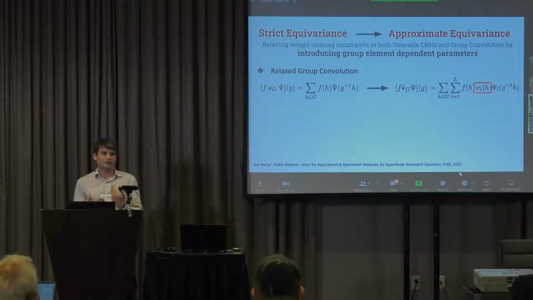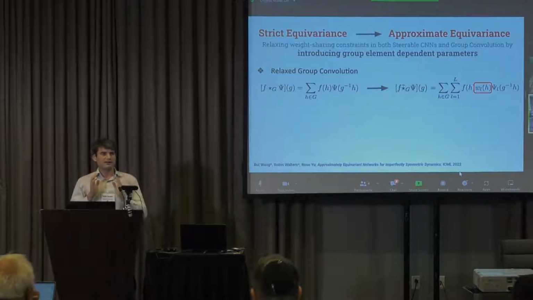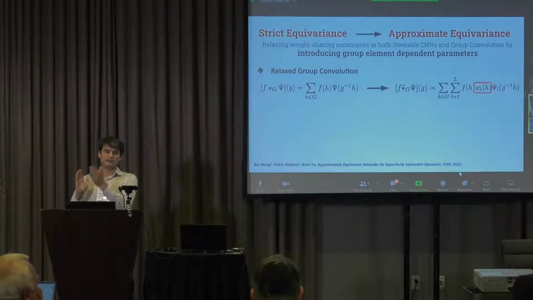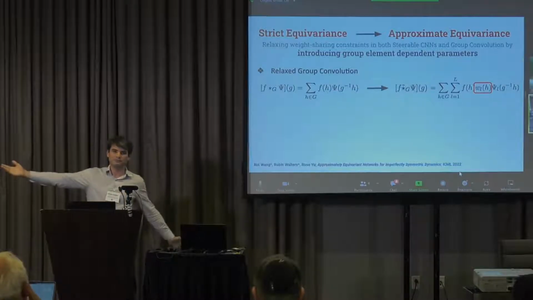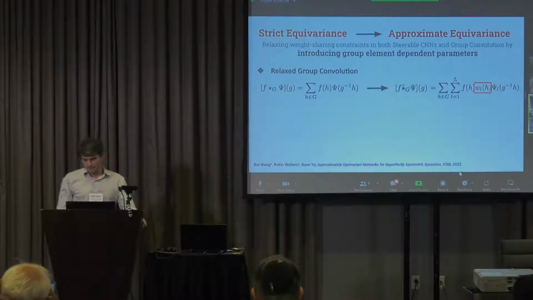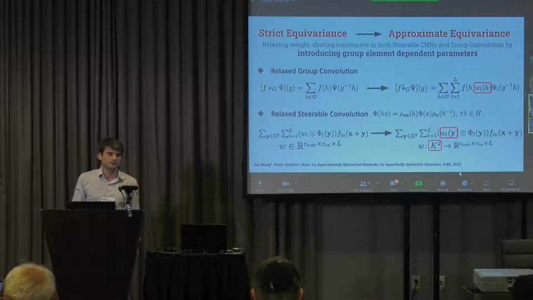By modulating how many kernels phi_L, each of which is equivariant on its own, and adding these symmetry breaking parameters W_L, which are trainable, we allow the model to deviate from a perfectly equivariant solution and learn an increasingly non-equivariant solution depending on how many additional kernels we add, right? If you add enough kernels, then in theory you have a model that can be completely unconstrained. Okay, and then we also build a similar version for steerable convolution.